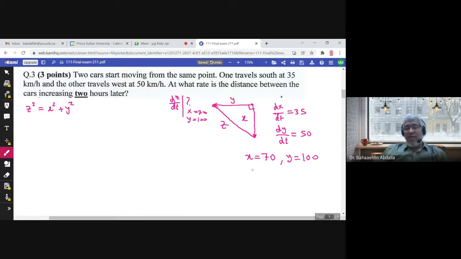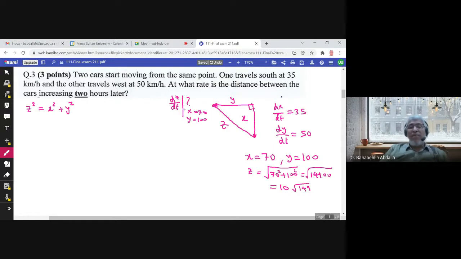I can find z at that time. Z would be the square root of 70 squared plus 100 squared. Using the calculator, 70 squared plus 100 squared is 14,900 under the square root. The square root of this number is 10 square root of 149. So this is z after 2 hours.